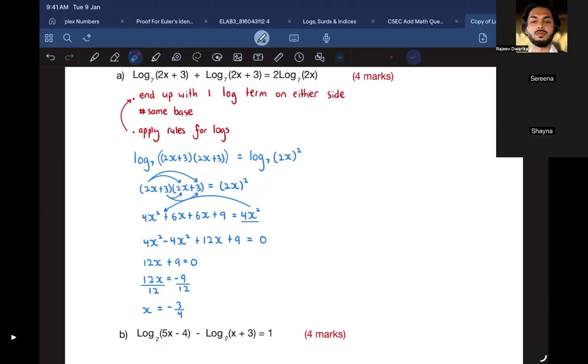Right, so see if you can do question B. Serena, you sent me your work in. Let me check what you did for question B. You applied the quotient rule and you wrote 1 as log base 2, 2. Excellent. And then you said... wait, what?